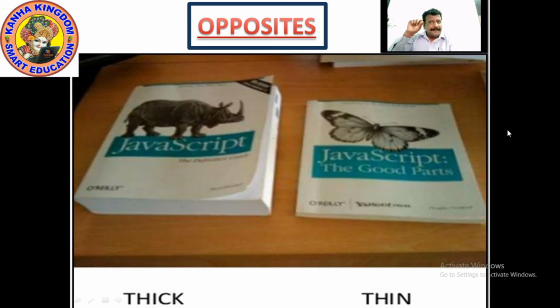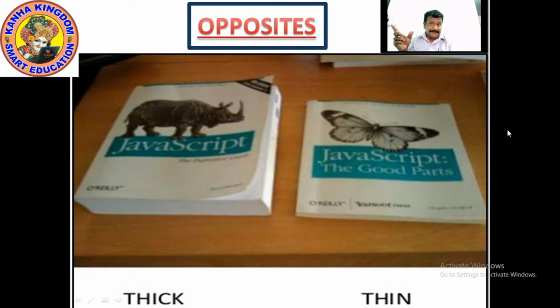Thin means the size of the book is thin. For identification, you say go and purchase that book. Which one do you want? JavaScript, the thicker one, or JavaScript, the thin one. This is how the opposites are.